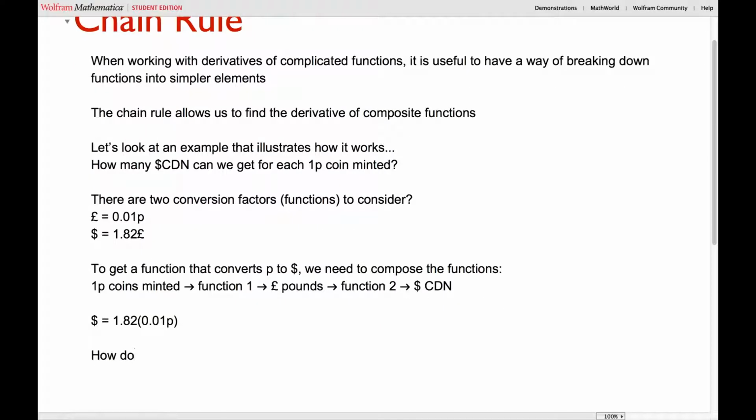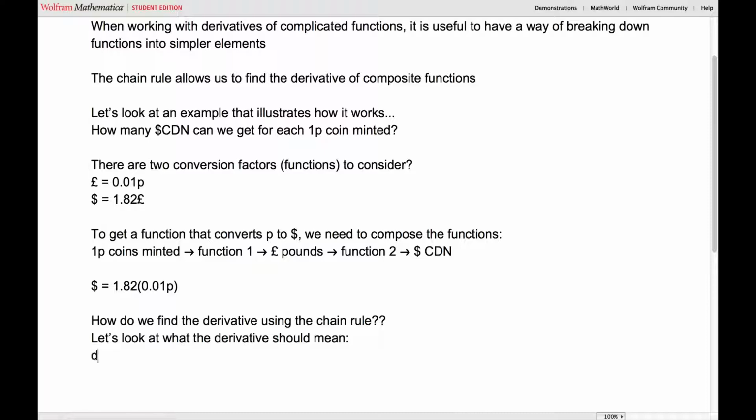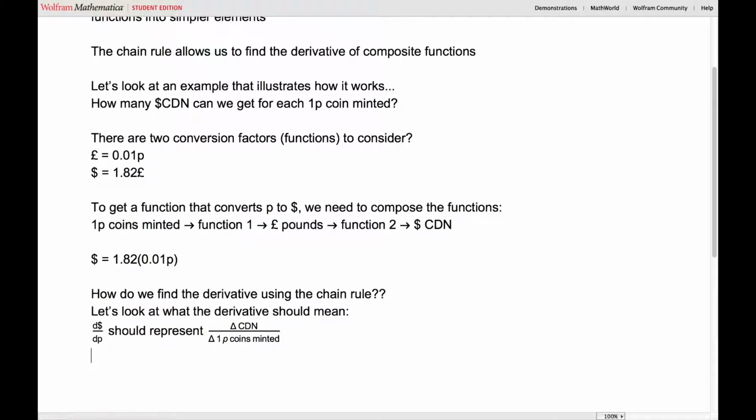So how do we find the derivative using the chain rule? Well, let's look at what the derivative should mean. d dollars over dp, which is the derivative of this function here, should represent the change in Canadian dollars over the change in the amount of 1p coins we mint. So how does this relate to the derivatives of the functions that composed it?